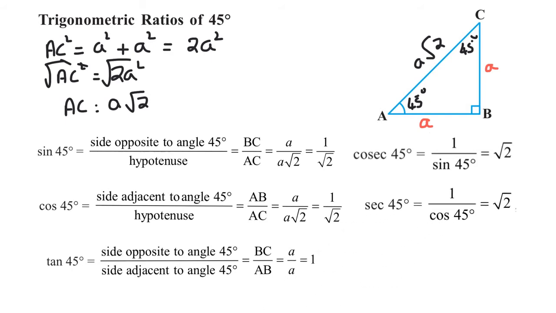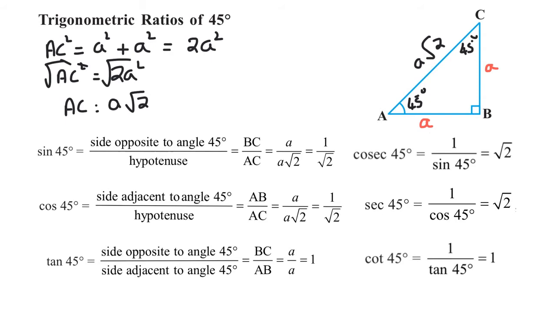So secant 45 will also be root 2, the reciprocal of cosine. What is the reciprocal of tan? It is cot. So if tan 45 is 1, reciprocal of this will also be 1. So cot 45 degrees is also going to be 1. So we know what are the trigonometric ratios for 45 degree angle.